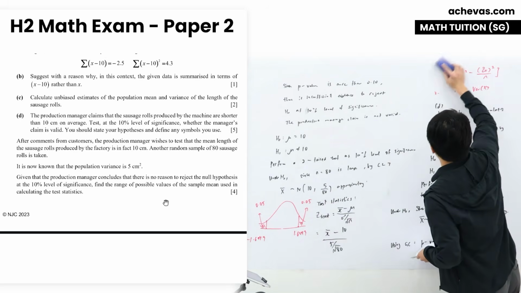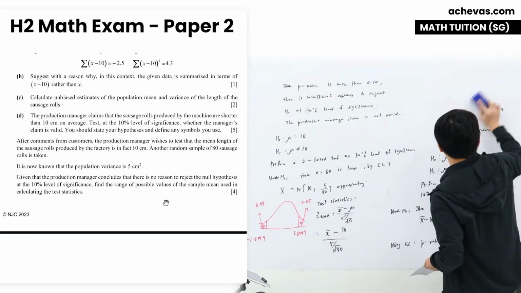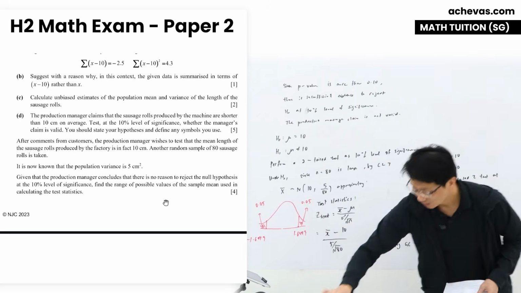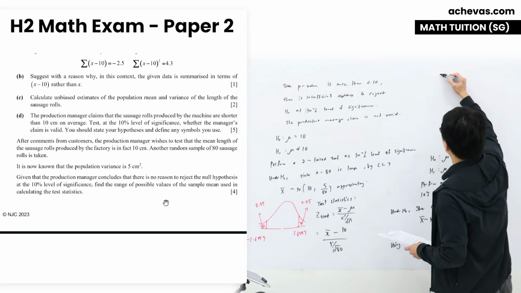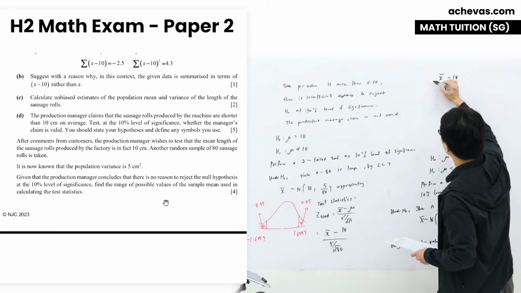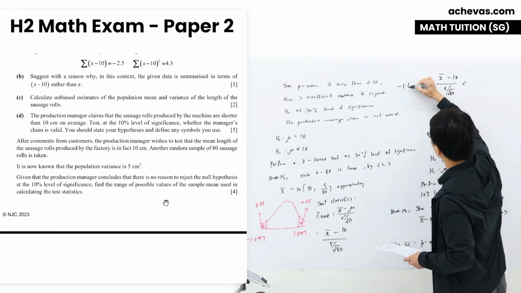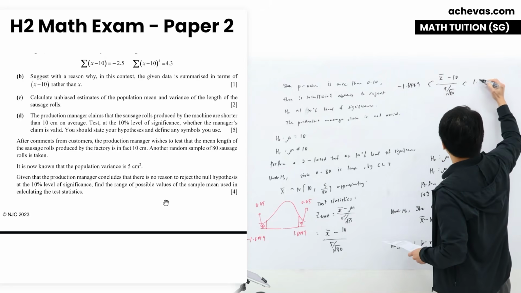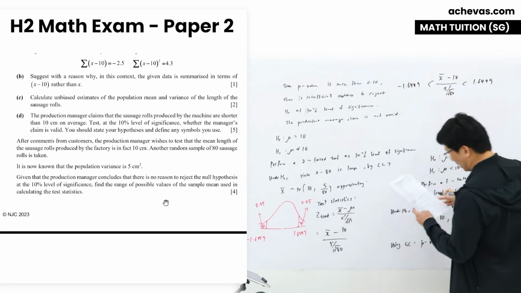Let me continue my working here. I know that bar x minus 10 over 5 over square root 80 should be between minus 1.6449 and 1.6449.